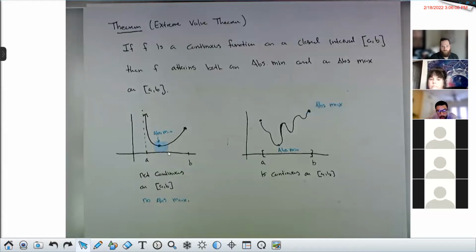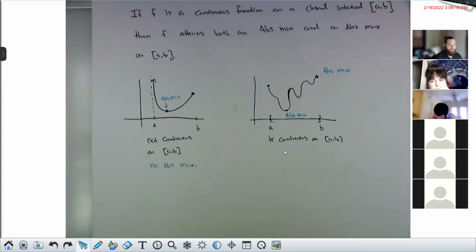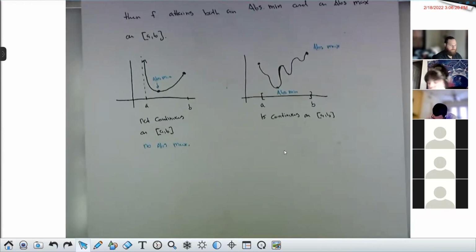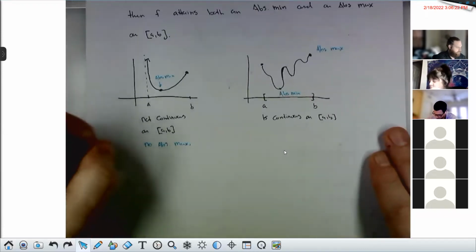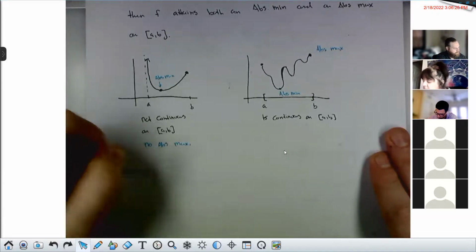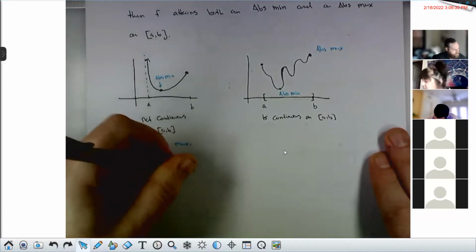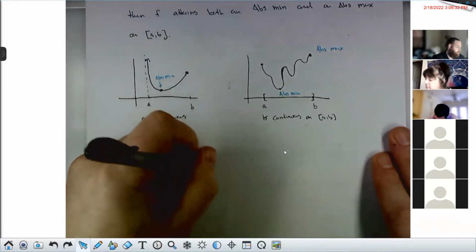And the absolute min could occur as an endpoint or as something like this in the interior of the domain. The other big theorem in 4.1 is called Fermat's theorem.